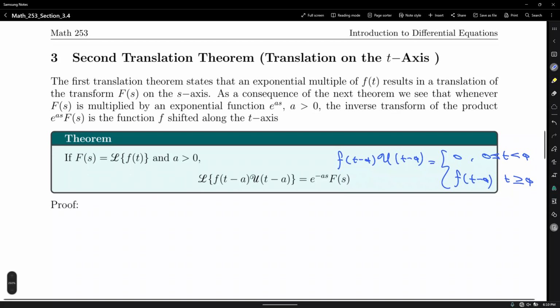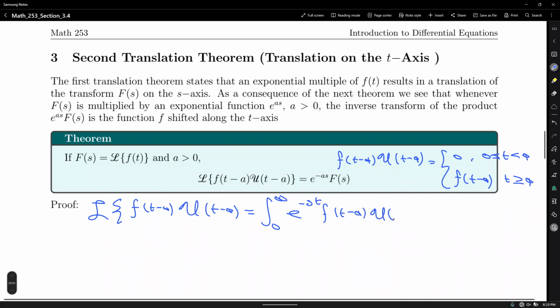So we want to find the transform of f(t minus a) times u(t minus a). That is the integral from 0 to infinity, again, going back to the definition of the Laplace transform. That is e to the negative st times f(t minus a) u(t minus a) dt. All right. Well, what are we going to do here?